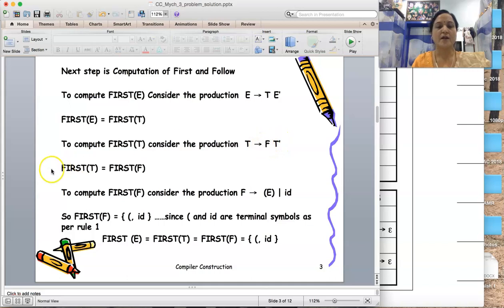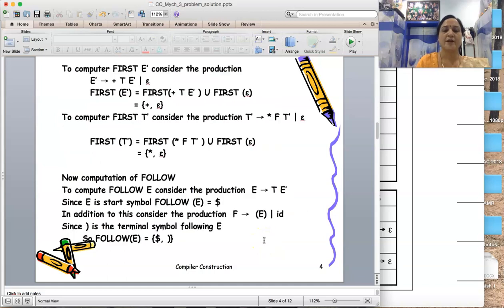So again, first of T equals first of F. To compute first of F, we consider the production F tends to E enclosed in the bracket or ID. So first of F is opening bracket comma ID. Since opening bracket and ID are terminal symbols, as per rule 1, we can write first of E equals first of T equals first of F, which is opening bracket comma ID.